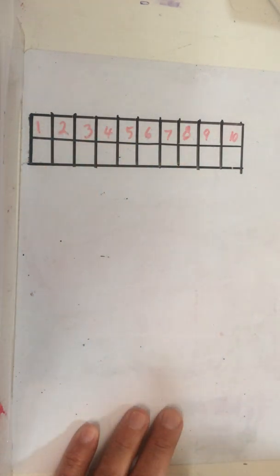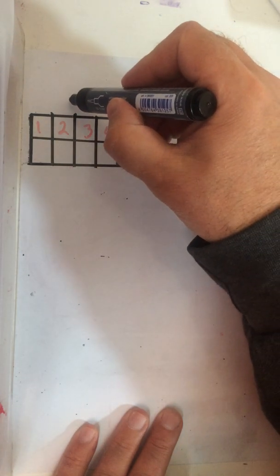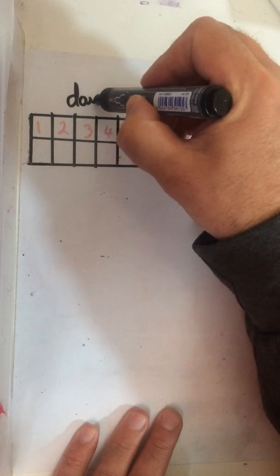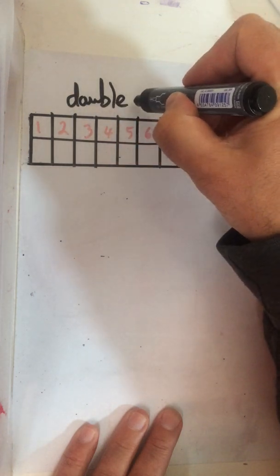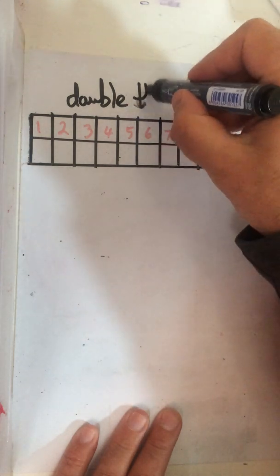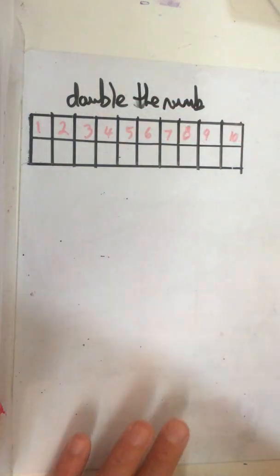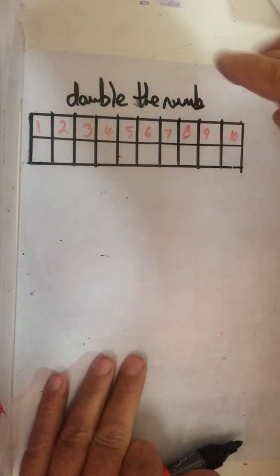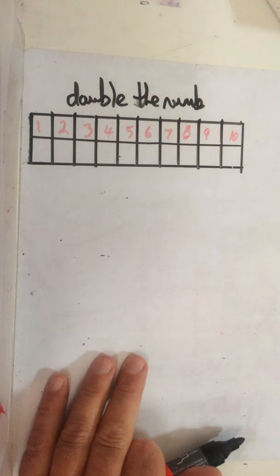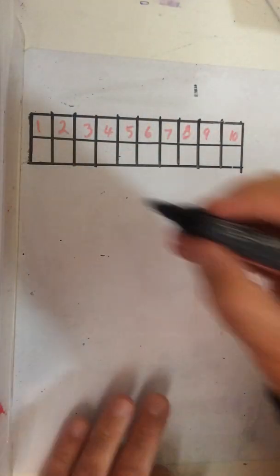So let's have a rule where you double the number. No, let's not double. Let's multiply by 3, because I think doubling is going to be one of the questions coming up now. Let's do it underneath.